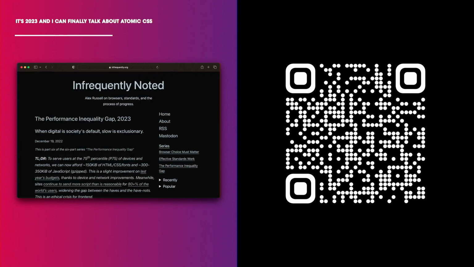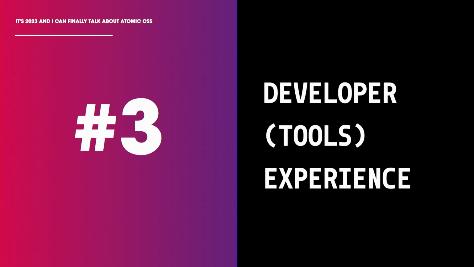There's this performance inequality gap report that is published with a certain frequency. And it, for example, shows how important it is to think about people in different parts of the world who are using low-end devices, where having really, really huge DOM structures can actually be bad for their experience using your website.